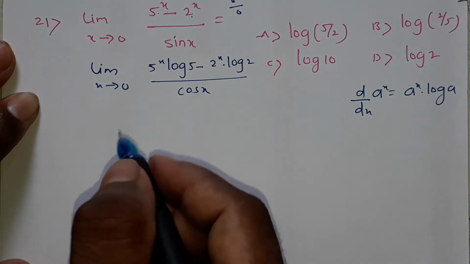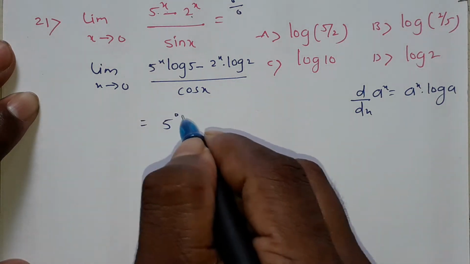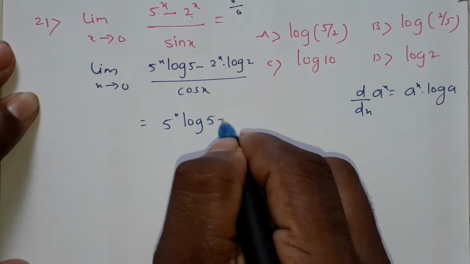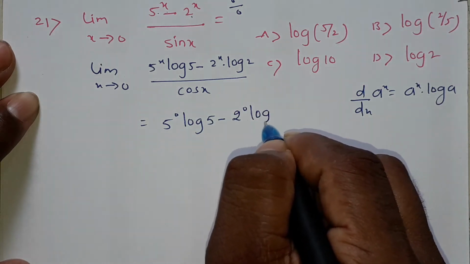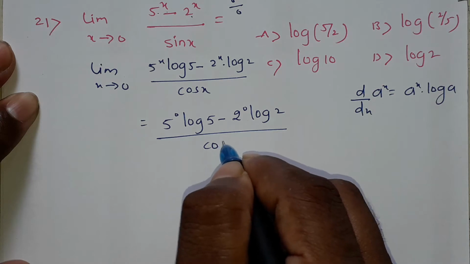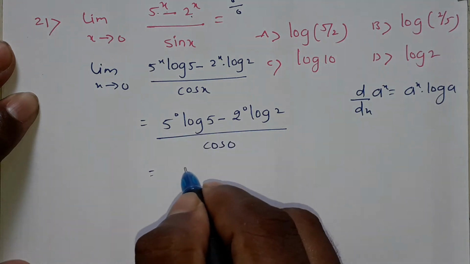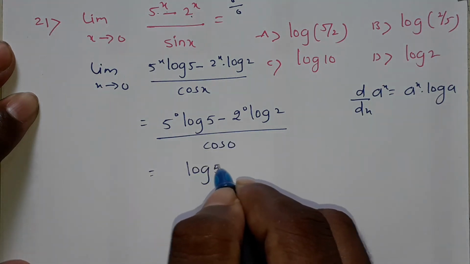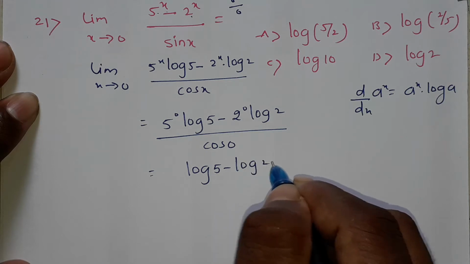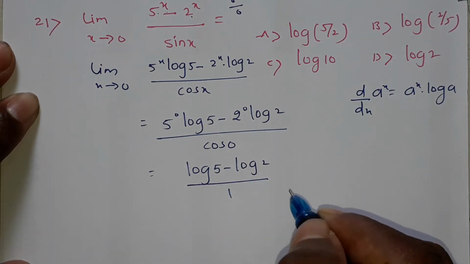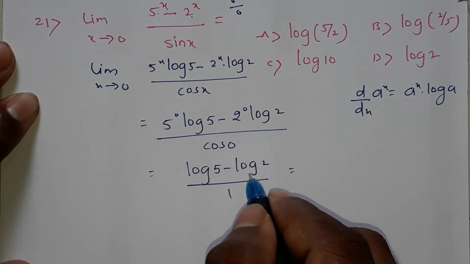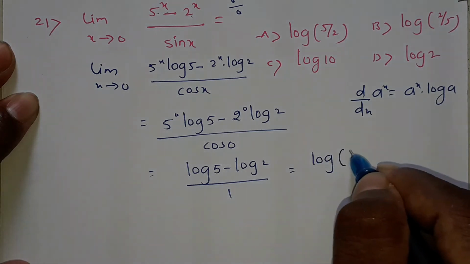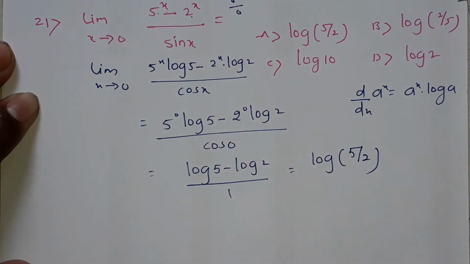In place of x we put 0: 5 power 0 log 5 minus 2 power 0 log 2 by cos 0. 5 power 0 is 1 and cos 0 value is 1, so log 5 minus log 2. Since log a minus log b is log of a by b, the answer is log 5 by 2.